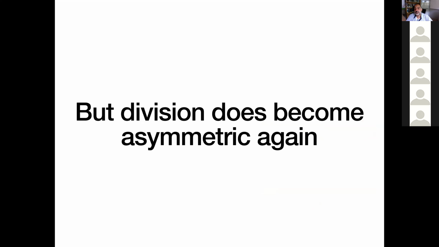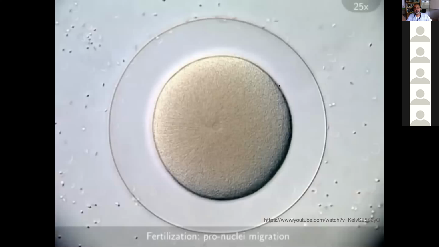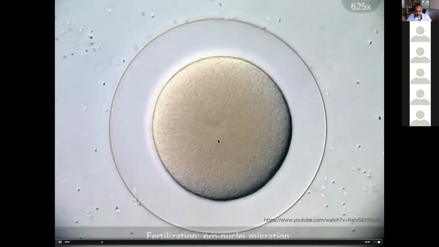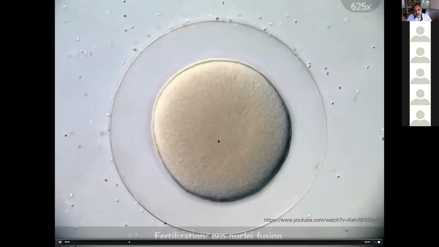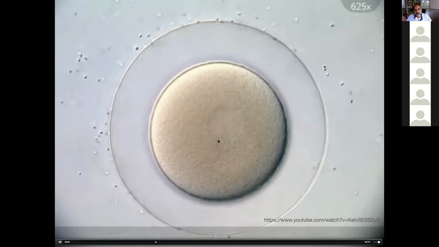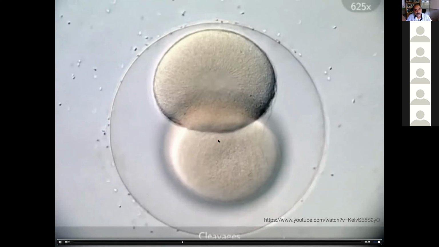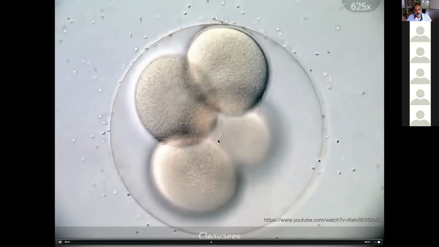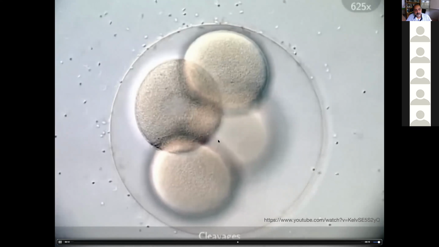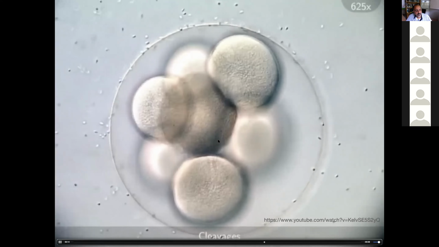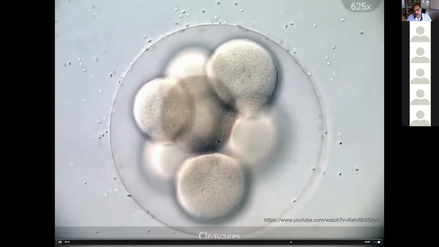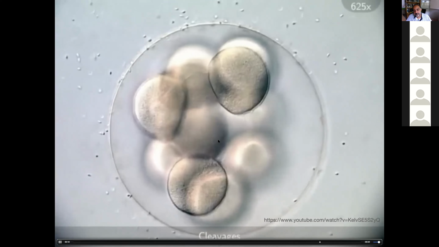So I'm going to talk very briefly about cell cleavage now, and show what we're thinking about here. We're thinking about cleavage, separating the cells so that we now have many cells with which to start development.